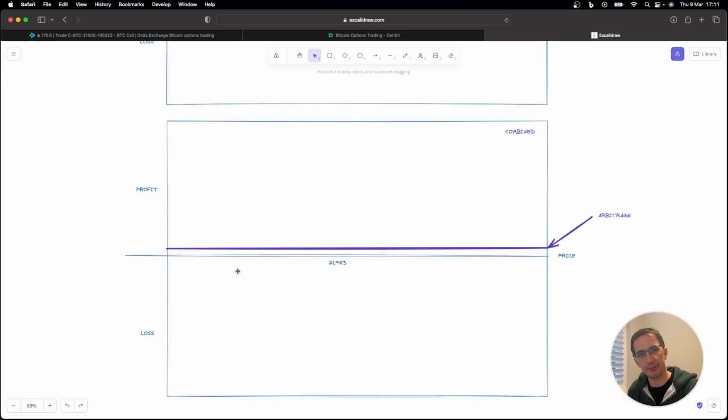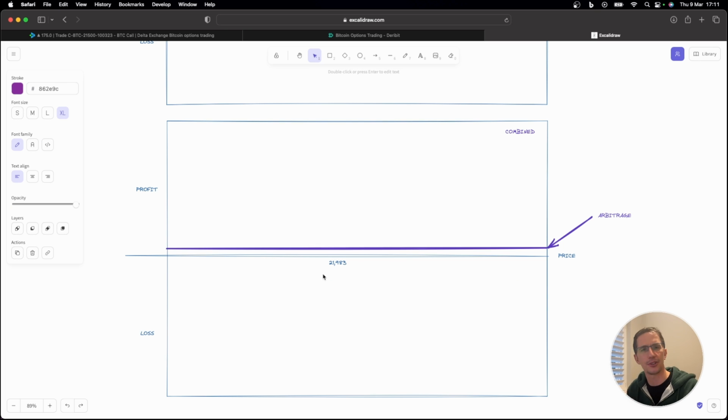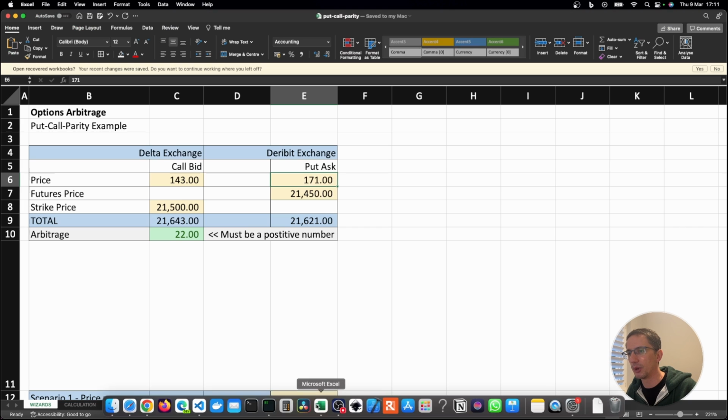Now, the prices have to be right. So the arbitrage has to be there. Otherwise, normally you'll end up with a guaranteed loss, and there's no point in doing that. We're not turning up to lose money. We're trying to turn up to make money. So the idea here is to make this net gap. And so that is what's going on over there.